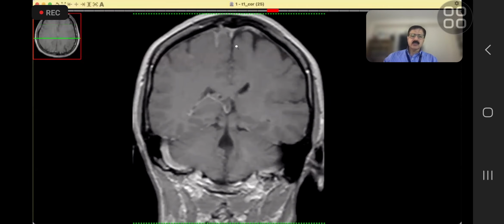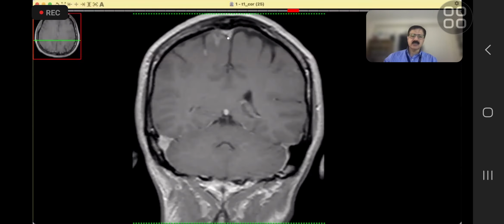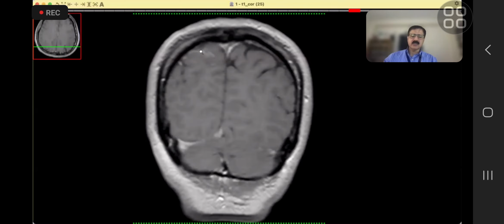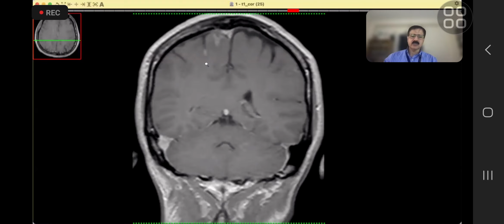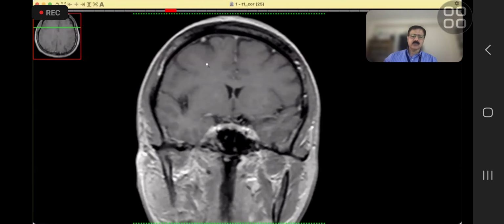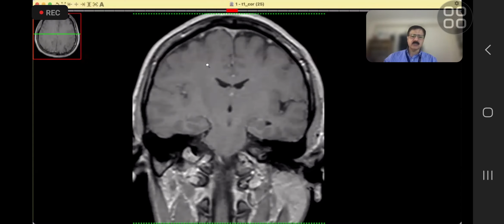As I'm going down, look here, and you can see how this pia mater is enhancing and how it is dipping down into the sulcus. And here also, leptomeningeal carcinomatosis. So LP should be advised. You check with the clinicians, and if they have not done the LP, ask them to do it.